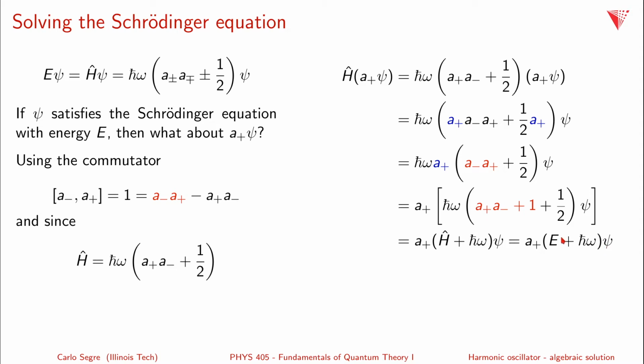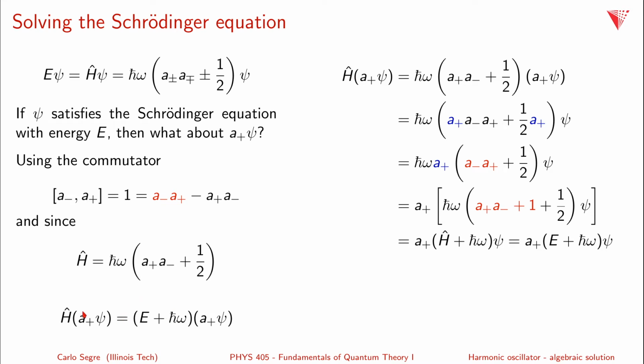Now these are just constants, so I can pull them all out, and I get that the Hamiltonian applied to A plus psi is equal to E plus h bar omega times A plus psi back again.